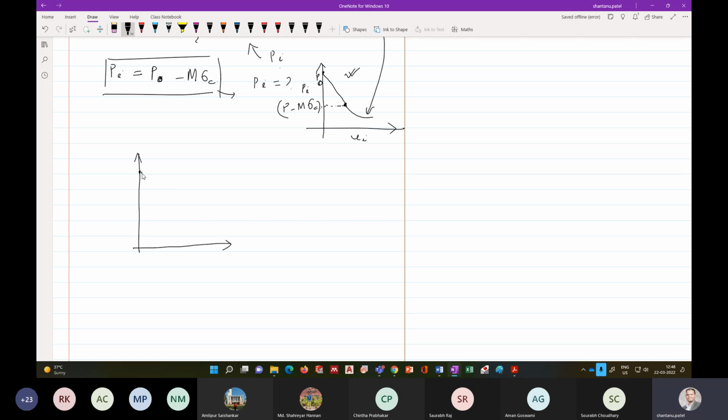So now let's say this ground reaction curve looks like this. This is our GRC, ground reaction curve. Similar to this, we have something called the support reaction curve. Before plotting it, I just want to explain something.